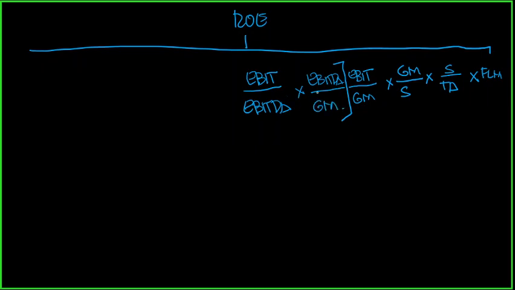As you can see, magka-cancel out tong dalawang to, and you will be left with EBIT divided by gross margin. Okay? So, I think this one is your fixed cost coverage.